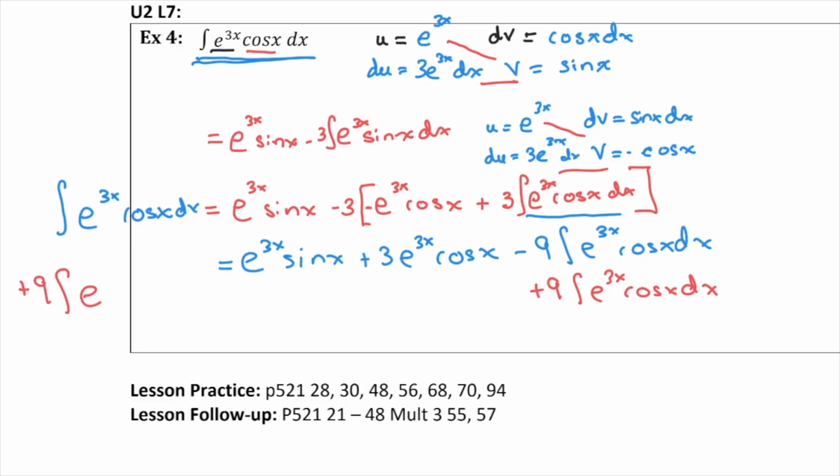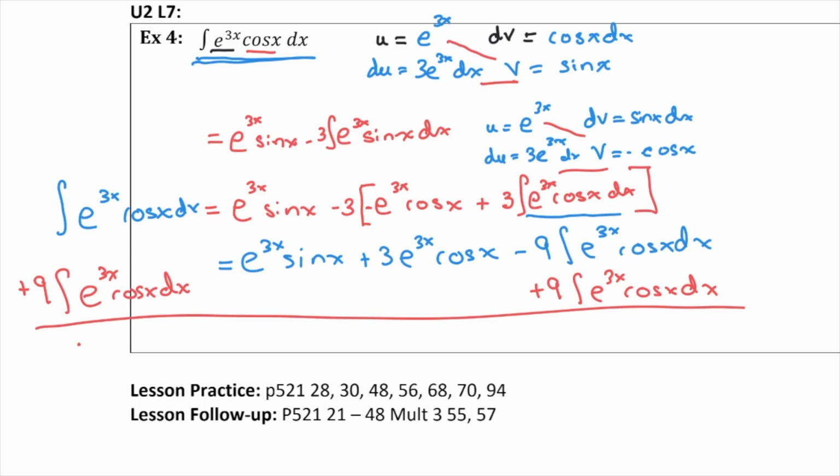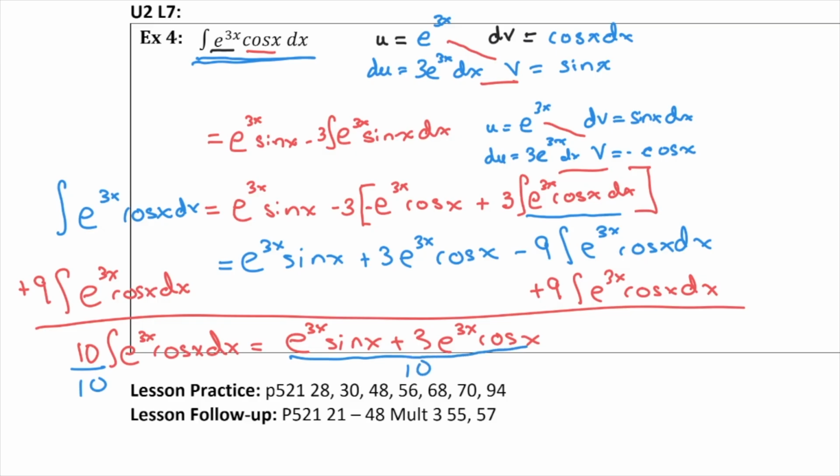Okay, so on the left side, now I have 10 integrals e to the 3x cosine x dx. And that has to be equal to e to the 3x sine x plus 3e to the 3x cosine x. And then, if I divide by 10, I now have the expression that I'm looking for.